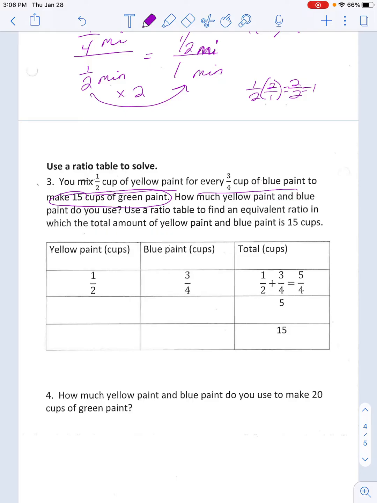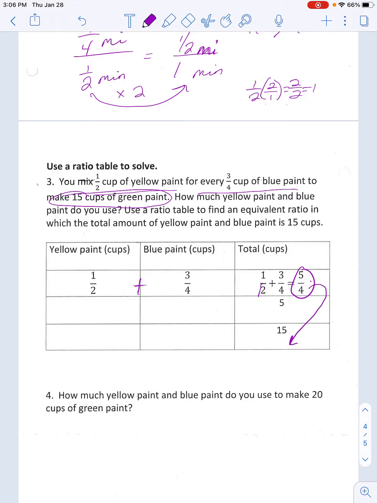For every 1/2 cup of yellow we put in, we have to put in 3/4 cups of blue. Okay, so when you add these two together, 1/2 plus 3/4, remember this is 2/4, common denominator, we get 5/4. 2/4 plus 3/4 is 5/4. Agreed?